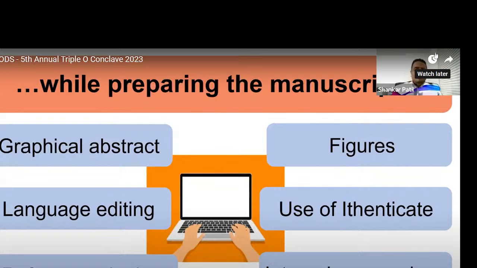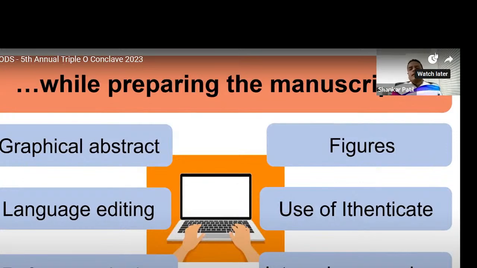And before you submit the manuscript, according to my experience, I'm telling you, it should be internally peer reviewed. Internally peer reviewed means the journal will anyhow send it to the peer reviewers. But before you submit, share the manuscript among your colleagues, whom you trust, and let them give feedback or comments, because they may be able to identify shortcomings of the manuscript that you don't see, and then you can refine it, revise it, and then submit.